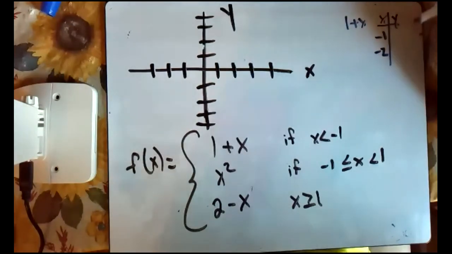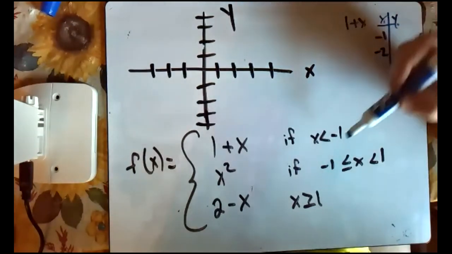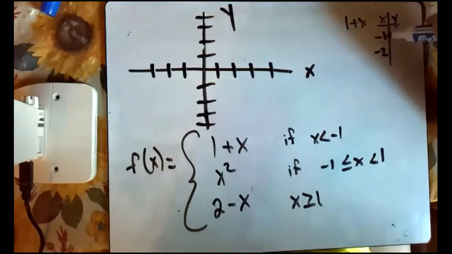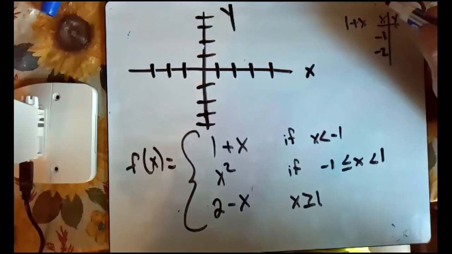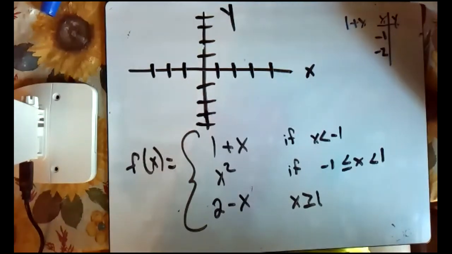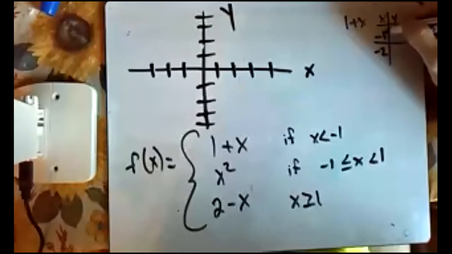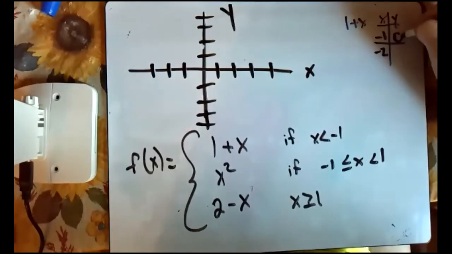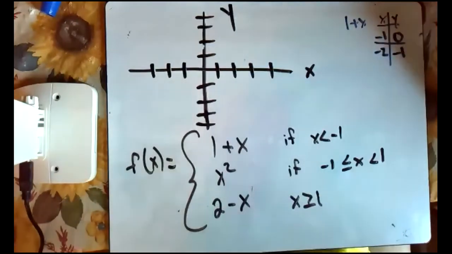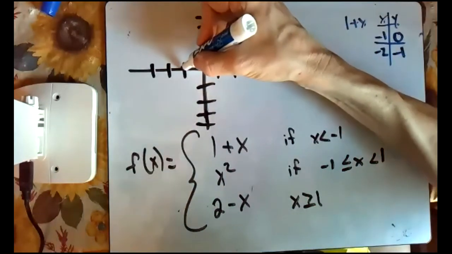But you may be asking yourself, wait a minute, didn't you say this means not equal to? So why can I use this right here? Well, we can use it. It's just that we're not going to have a solid circle at that value. We're going to have an open circle. So when x is equal to -1, we get 0. And when x is equal to -2, you get -1. If we graph that -1, 0, that's right here.